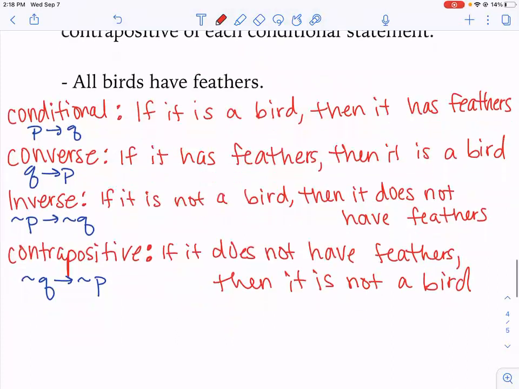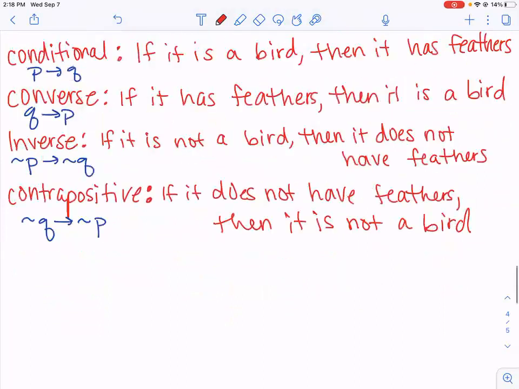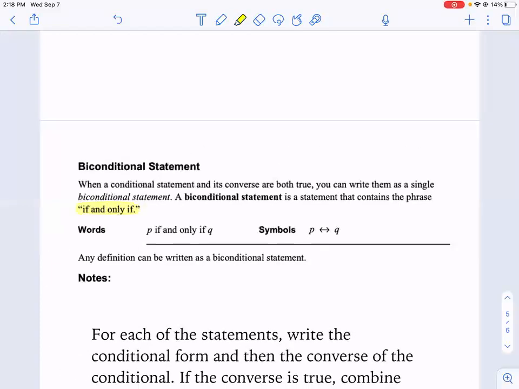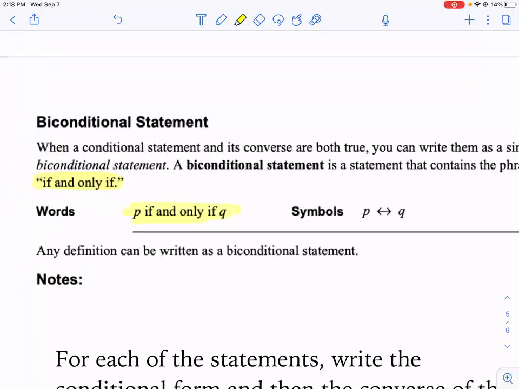Now, a biconditional statement is one that is an if and only if. If P, if and only if Q. And notice how the arrow goes both ways.